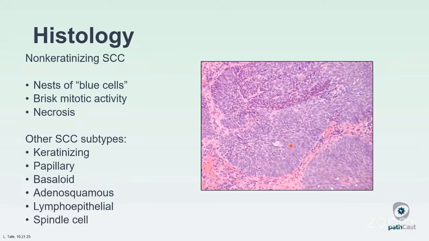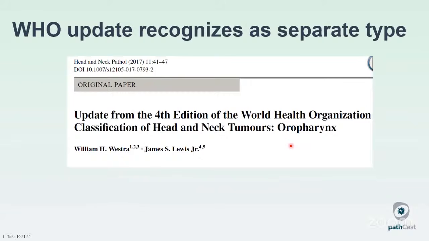So these are a little bit of a different type of tumor than our standard tumor. As you are familiar with, these are typically this non-keratinizing type look to them. And we can see that there are a few different subtypes as well. In the most recent WHO, we see this change in classification of the oropharyngeal cancers to create their own category for them, recognizing that they are biologically a unique type of tumor.